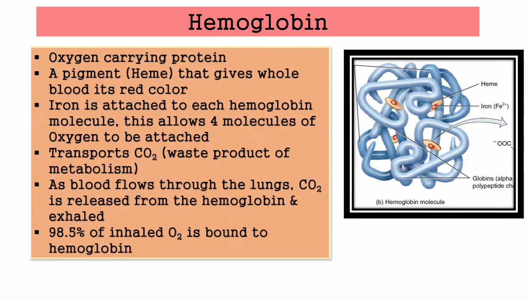So it transports CO2, waste products of metabolism. That's why that CO2 is brought into that red blood cell. It attaches to that hemoglobin. And if you think about it, hemoglobin likes CO2, but it loves it some CO, carbon monoxide. Carbon monoxide is hemoglobin's first love.